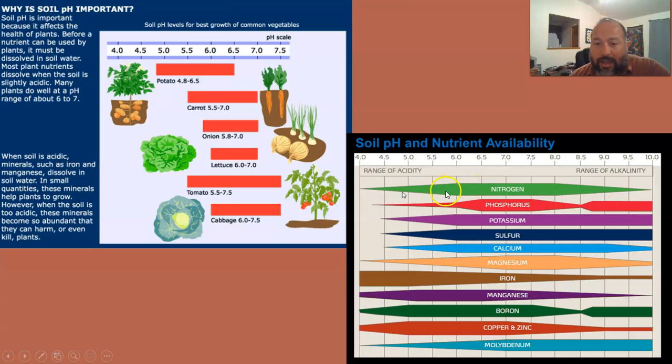If we look at that 5.5 to 7 range, we hit a lot of what we're looking for. It gets real tricky above 8, and real tricky below 5, but in that 5.5 to 7 range, we're pretty good on all of these essential nutrients that we really know the plant needs.